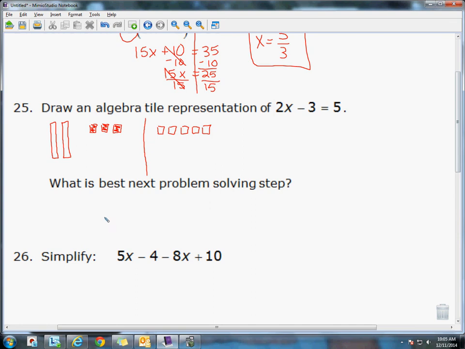It says what is the best next problem solving step? Well, if you were to just solve this like a simple 2-step, you see you have a minus 3, you would add 3 to both sides. So that's what we're going to say is add 3 to both sides, and then we're going to draw it.